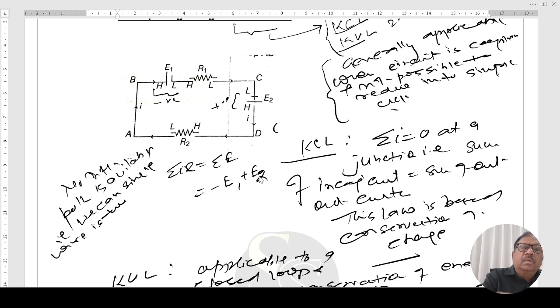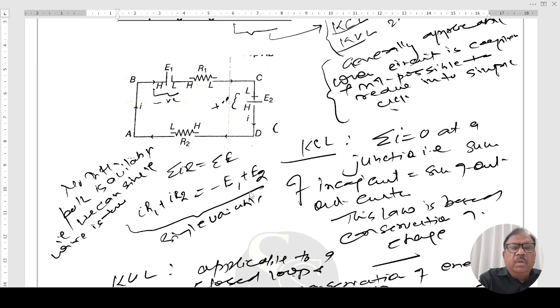And for summation IR, we are moving in the direction of the current, from higher potential to lower potential, so I into R1 plus I into R2. Only a single variable is there, where number of wires equal number of variables, and number of equations will be required. Right? Now I will discuss when more than one wire is there.